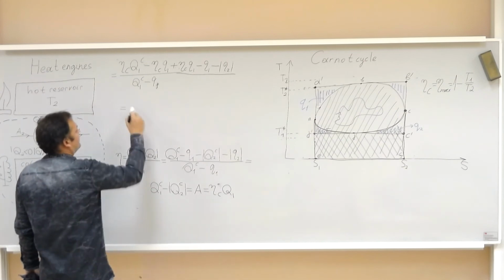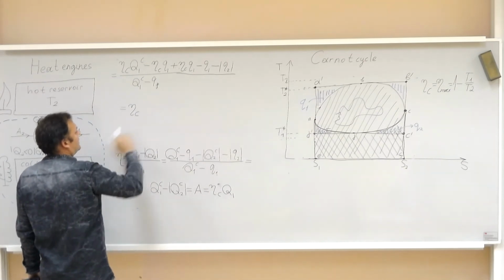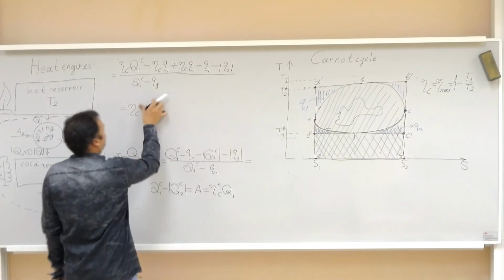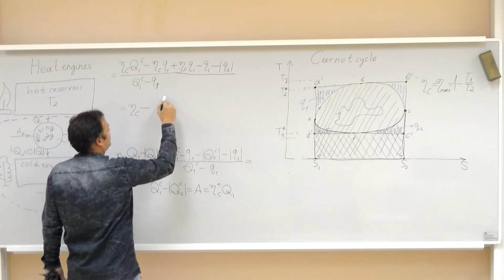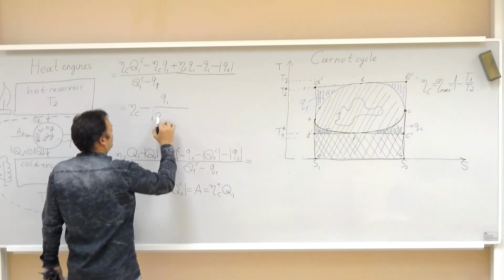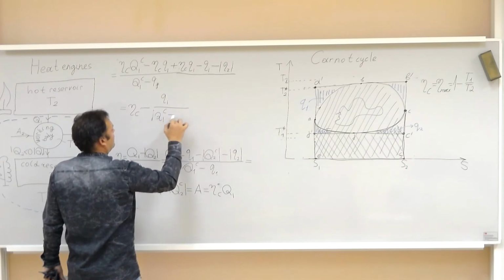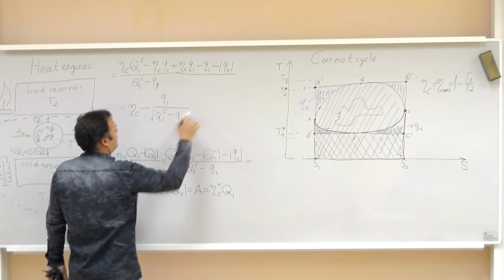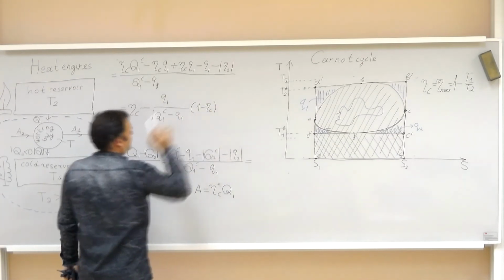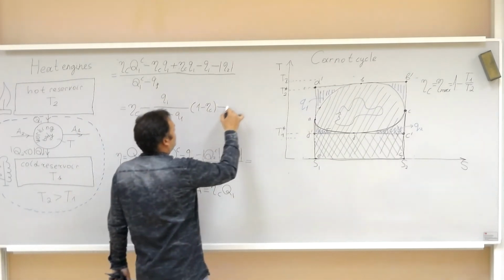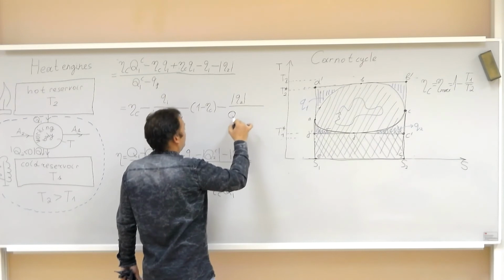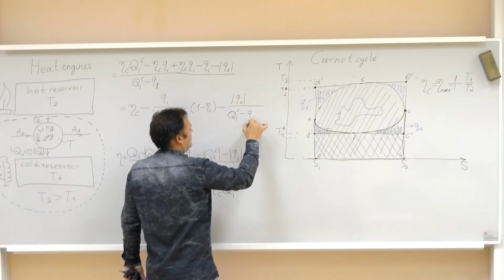And here I get eta Carnot plus, or maybe minus, it's better to take minus, Q1 divided by Q1 Carnot minus Q1. And here 1 minus eta Carnot, and minus Q2 divided by Q1 Carnot minus Q1.